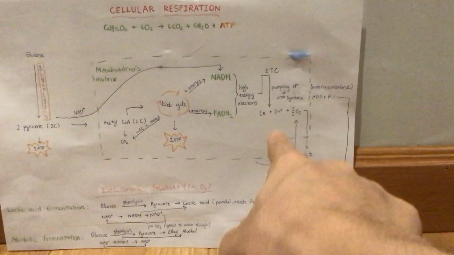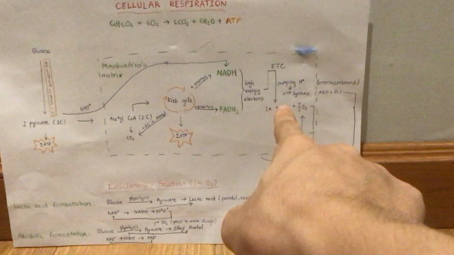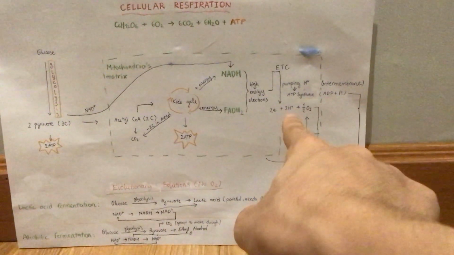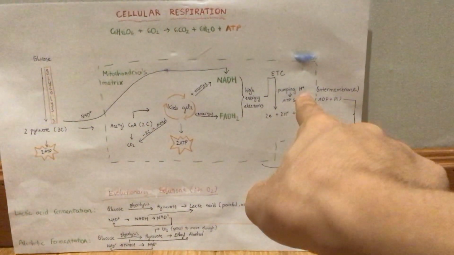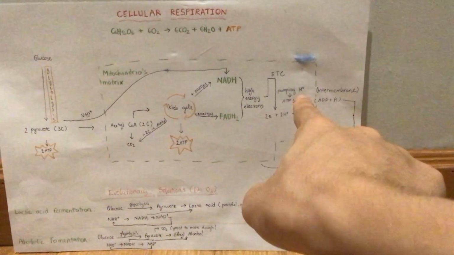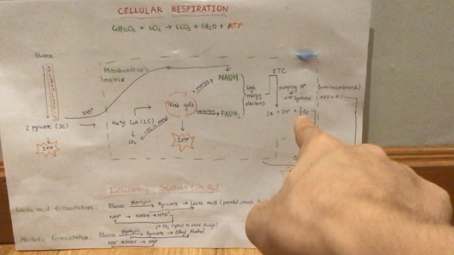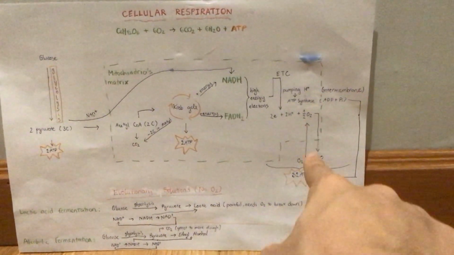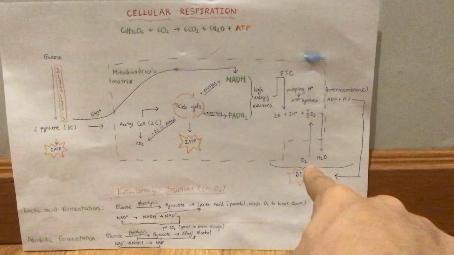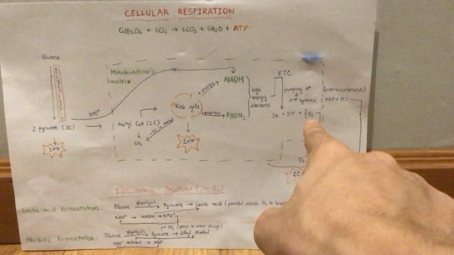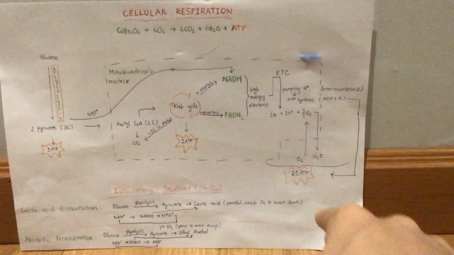And so those electrons, after going through all of that, will combine with some of these positive hydrogen ions and with the oxygen that we breathe in to make water. Okay, we make our water and we breathe in oxygen here. They all combine to make water.